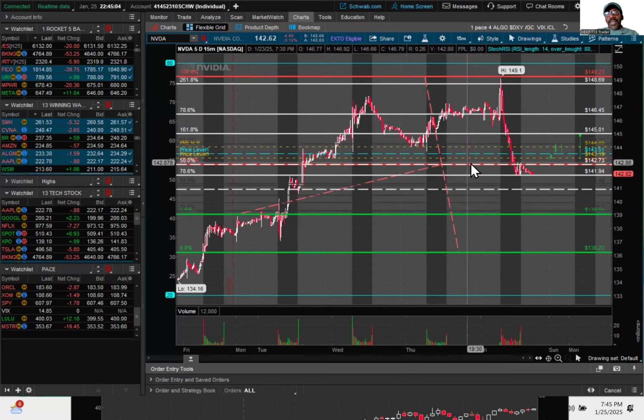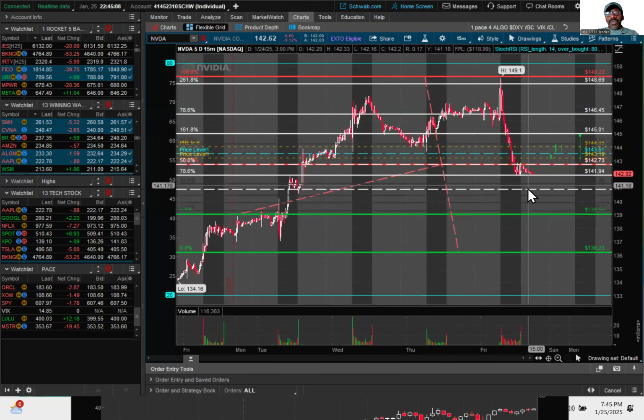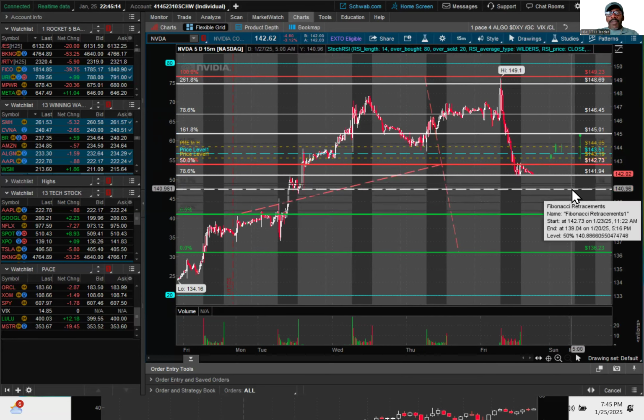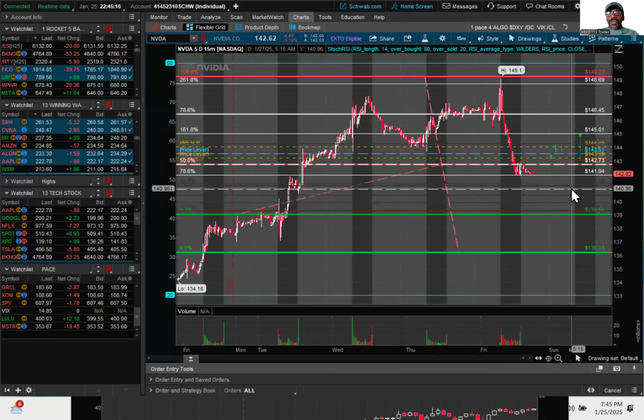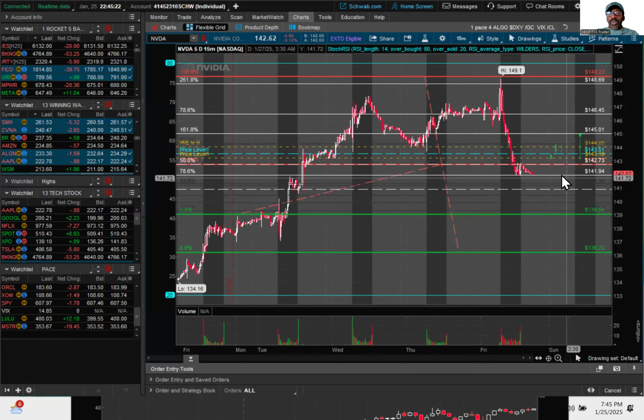See that, you guys? So there's a probability that if it doesn't hold, it'll go probably here and then bounce up, or it's going to go down, like I said, at 139, 138.